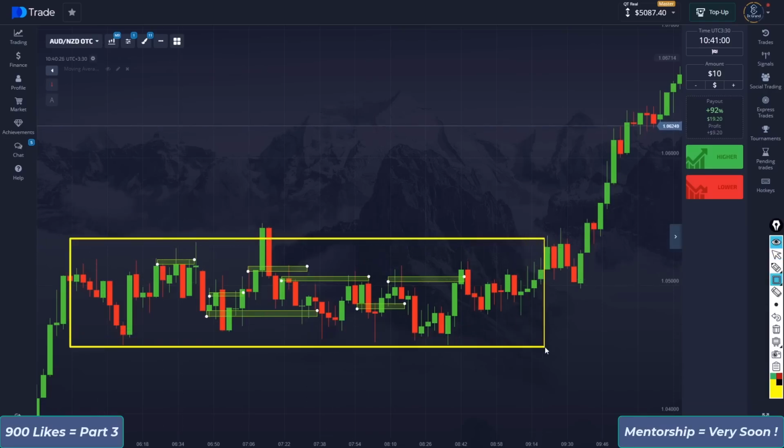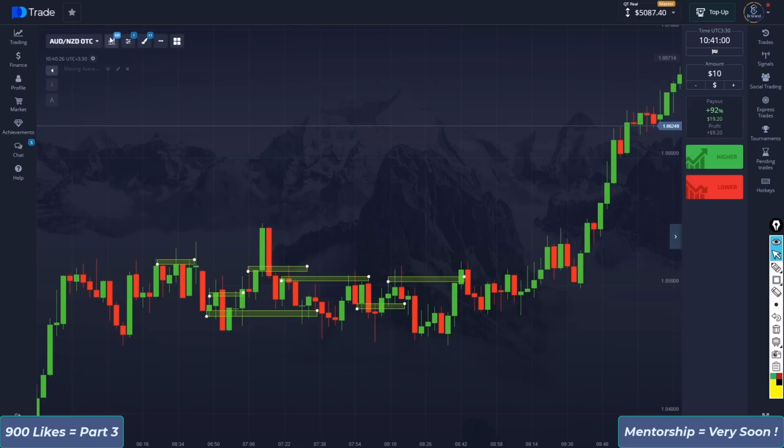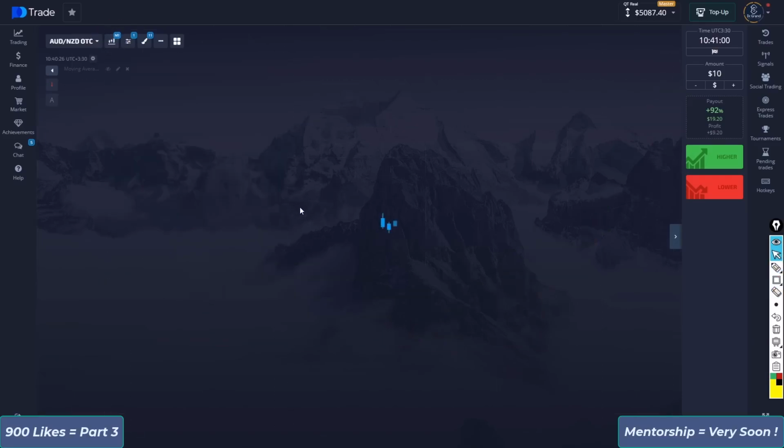This is a QM, this is a higher 3 minute ranging market. And if you go to the 1 minute, you will find a lot of QMs. When you're trying to find QM trades, it's better to go for higher time frame ranges and then go to the lower time frame, and you will see a lot of QMs with a lot of higher time frame confirmations.